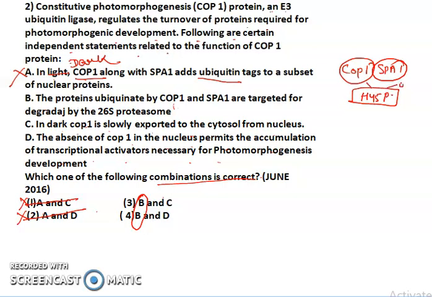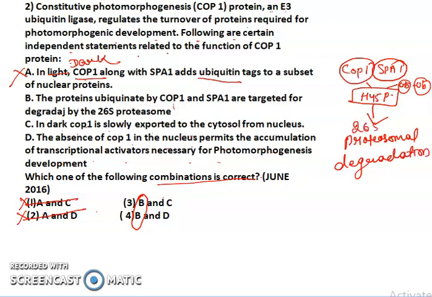When ubiquitin tag was added, it will undergo proteasomal degradation or 26S proteasomal degradation. So the B option is correct.